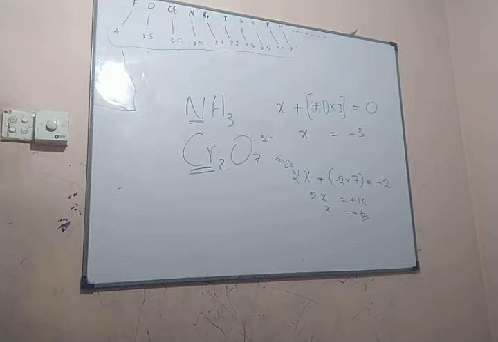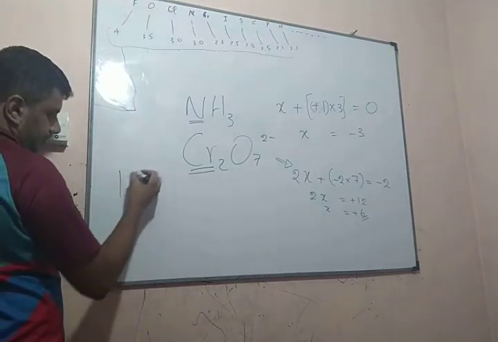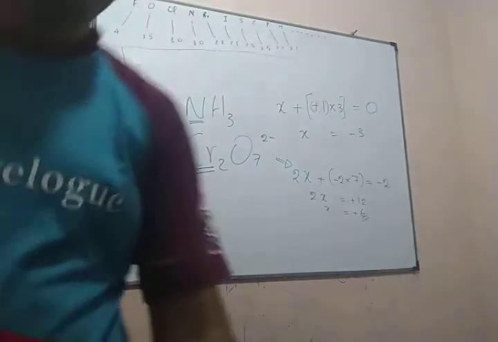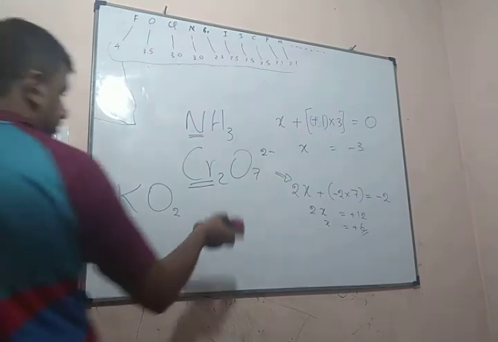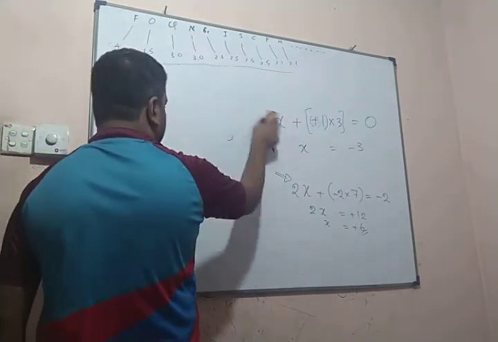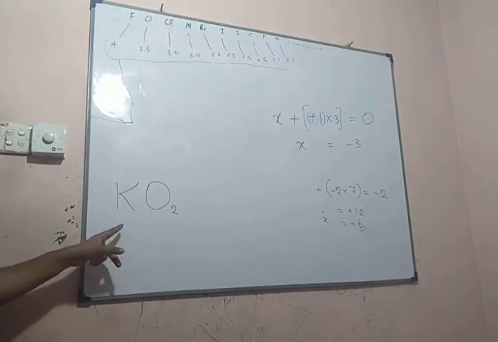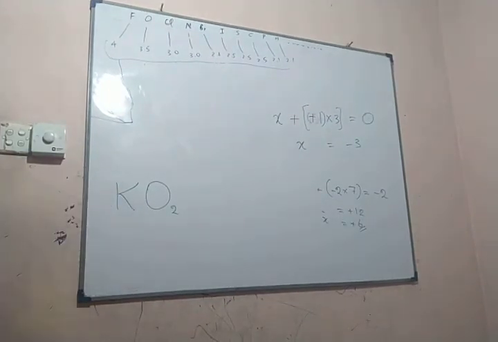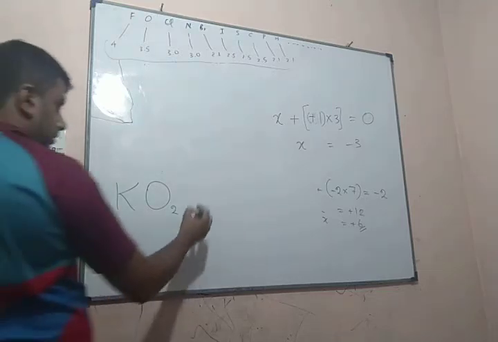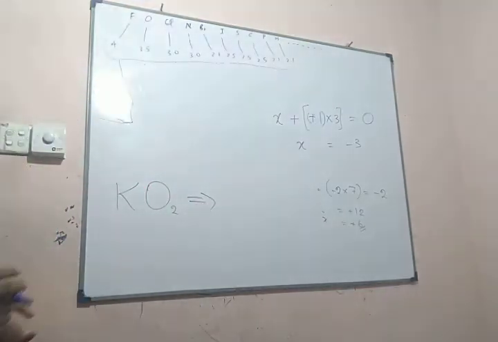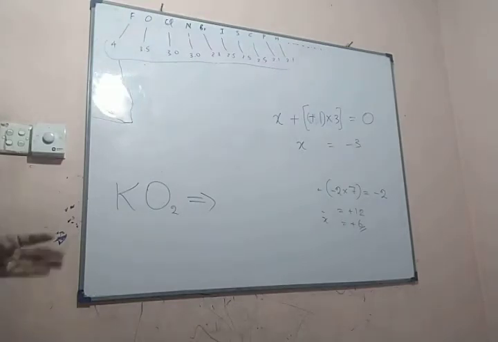Let's check this ninth one, KO2. What we should identify? Oxidation state of oxygen. What's the oxidation state of potassium? Potassium belongs to first group. So oxidation state of first group is always plus 1, right?